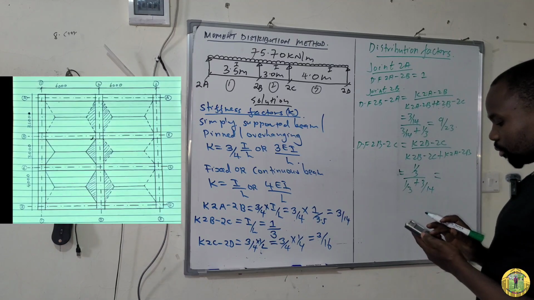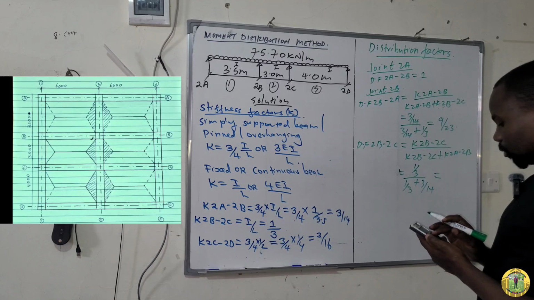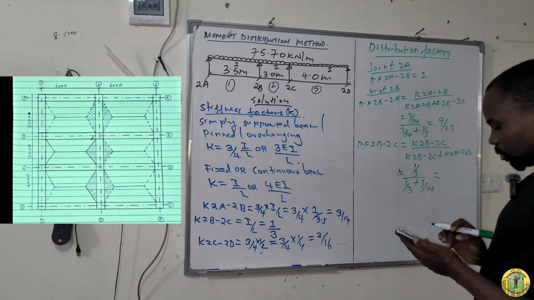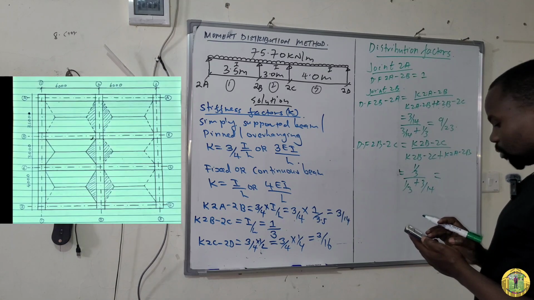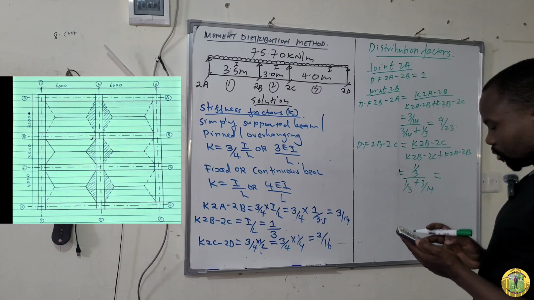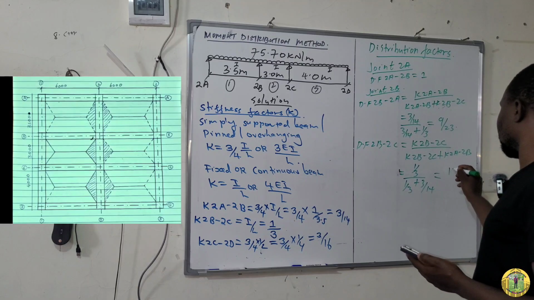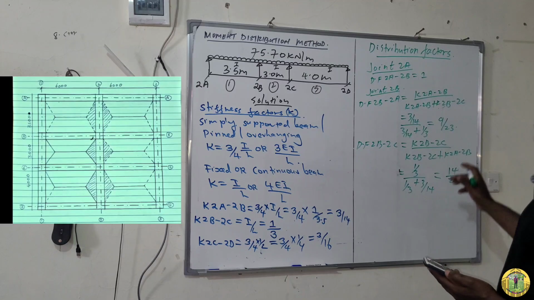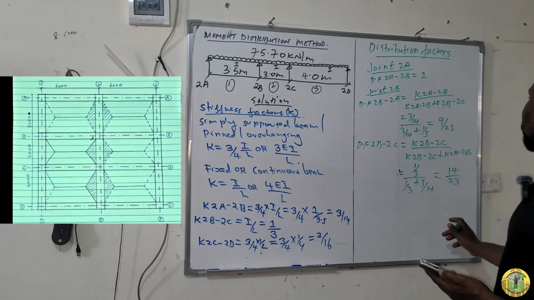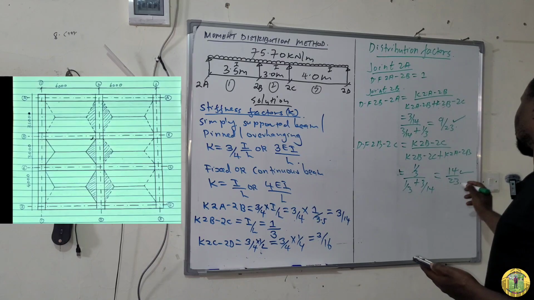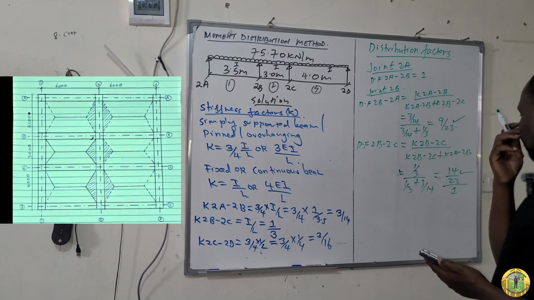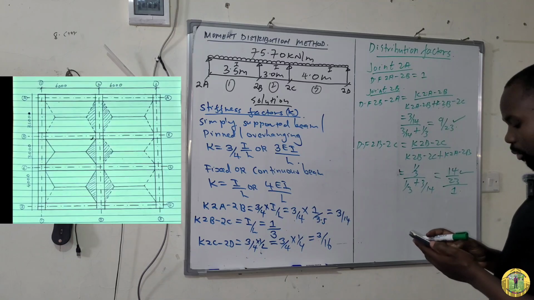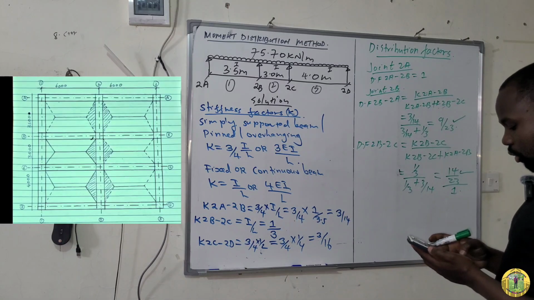So this one is equal to 14 over 23. And remember, if you add the distribution factors at a joint, it should give you 1. So add this to this one, it is supposed to give you 1. If not 1, then you have committed an error somewhere, so you have to repeat.